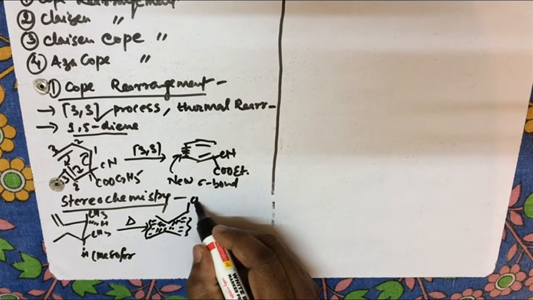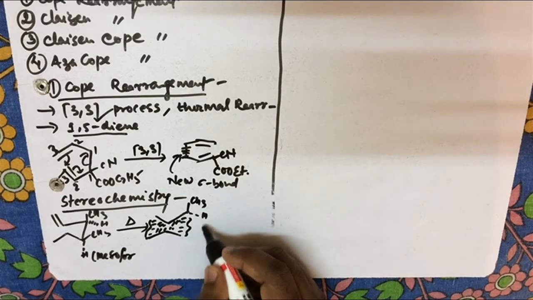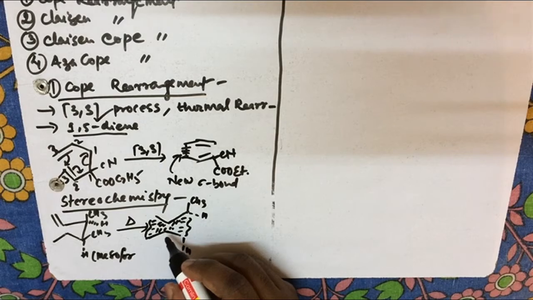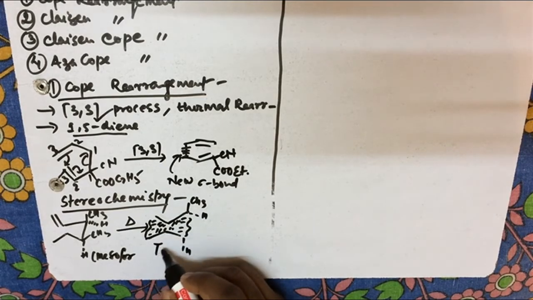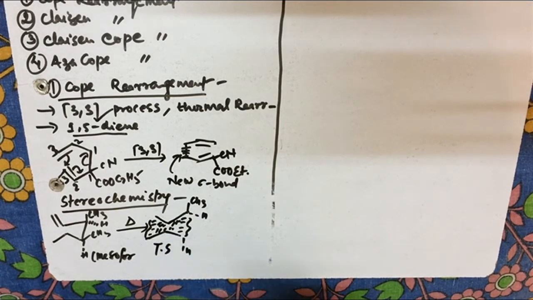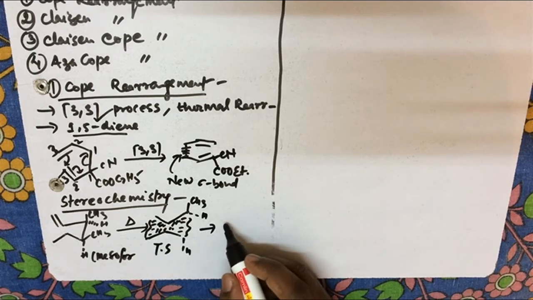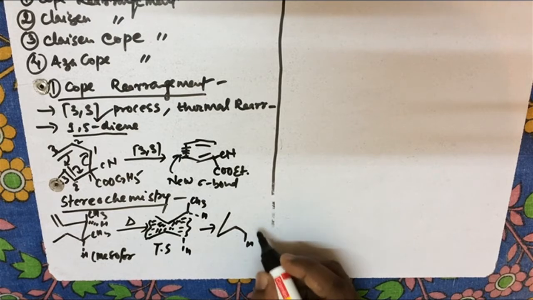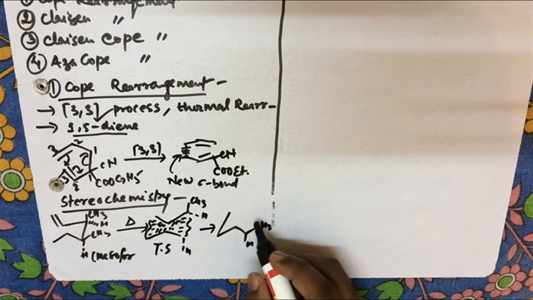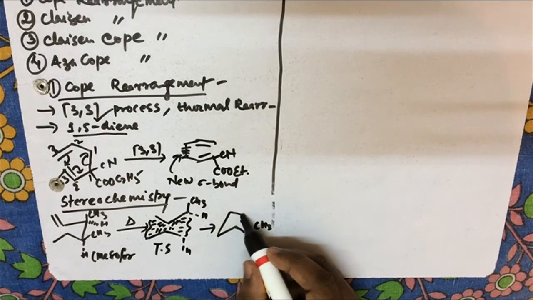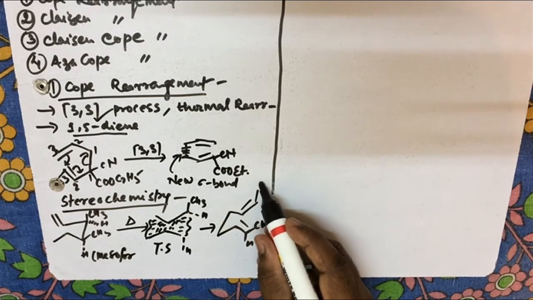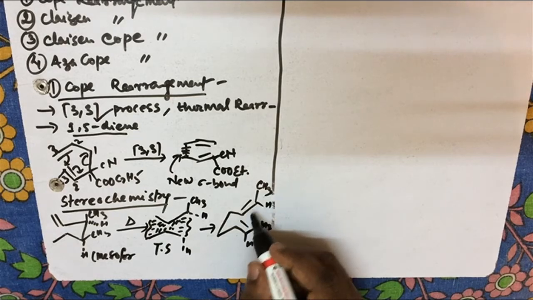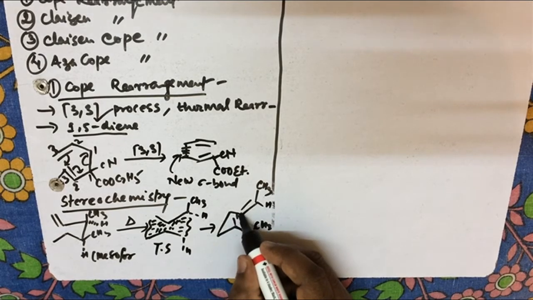This is the transition state of your reactant, and the product will form like this, with double bond, CH3, H. So this is the product.